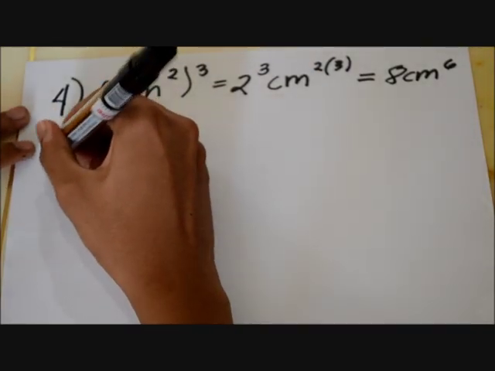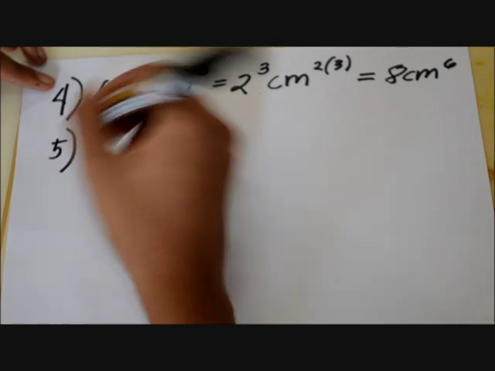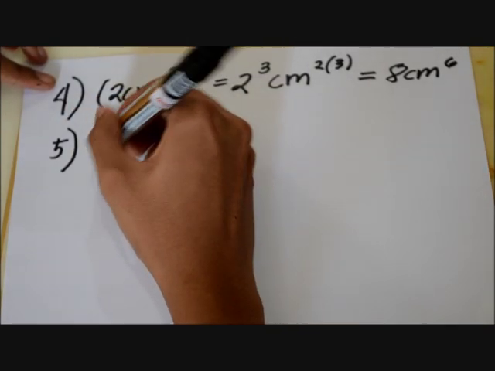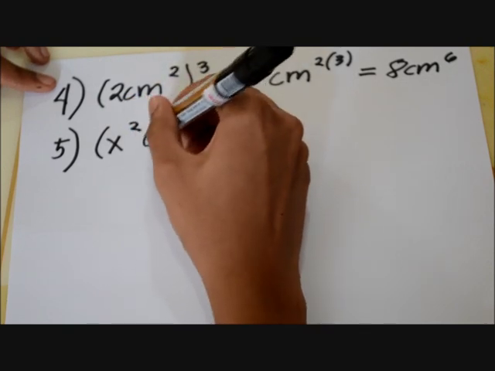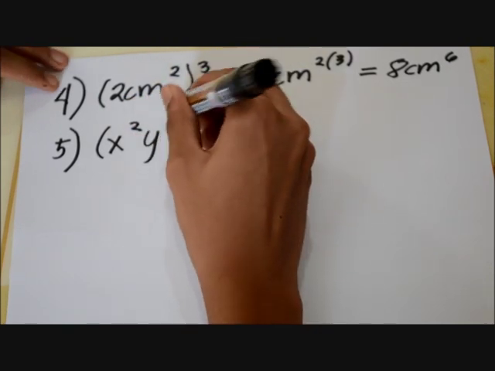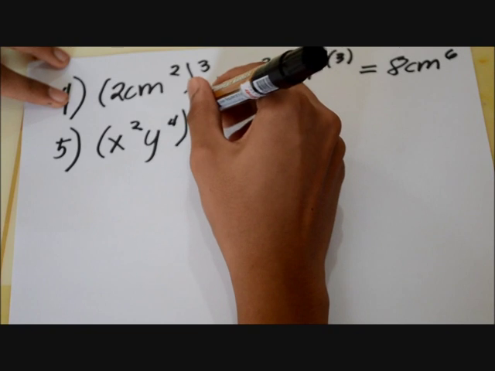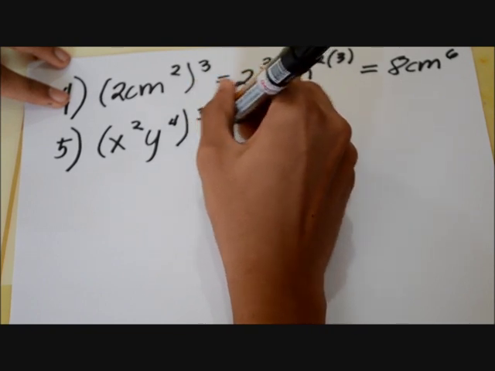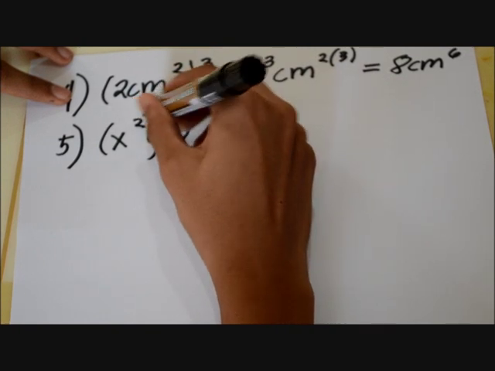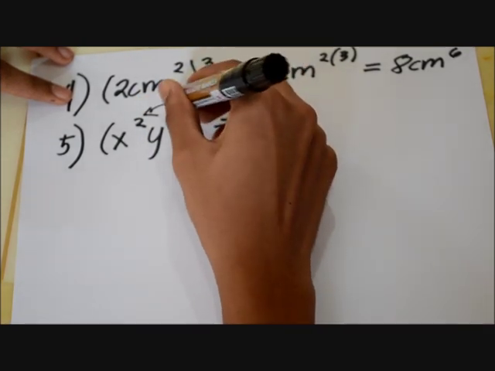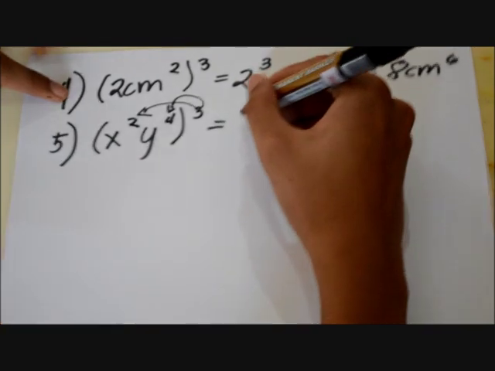Another example for number 5 is the quantity of x squared y to the power of 4 raised to the power of 3. First, we distribute the exponents to each variable, x squared and y to the power of 4.